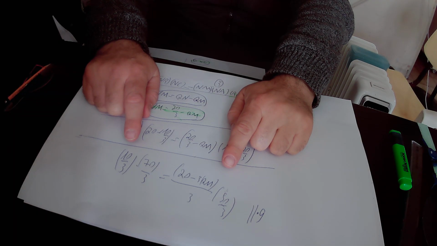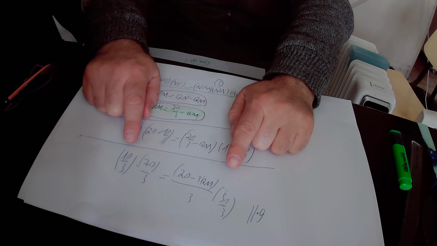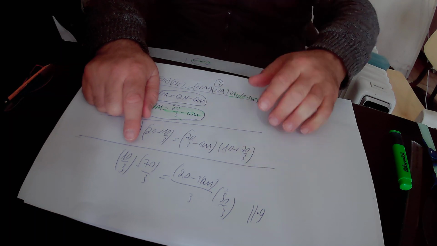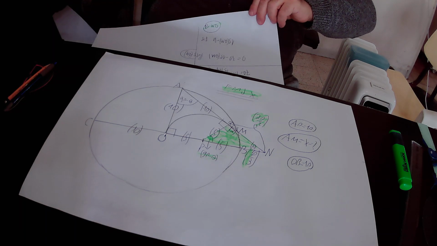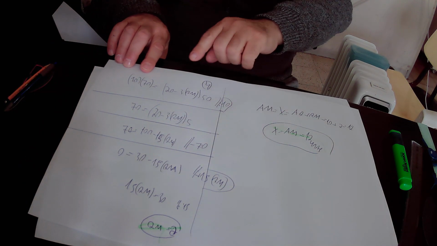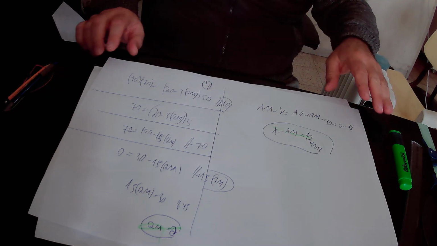Therefore, we multiplied this equation by 9 in order to cancel the denominator 9. So after we multiplied the equation by 9, we have 10 times 70, which equals 20 minus 3 Qm times 50.